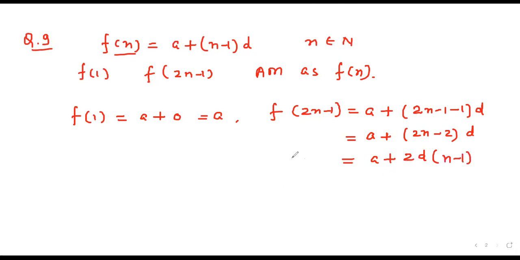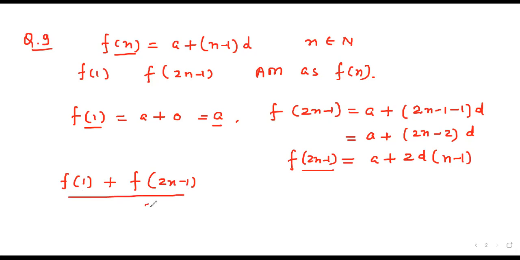Now we have got two terms, f(1) as a and f(2n - 1) as a + 2d(n - 1). Now we have to find out the arithmetic mean between these two. So (f(1) + f(2n - 1))/2 will be the arithmetic mean.